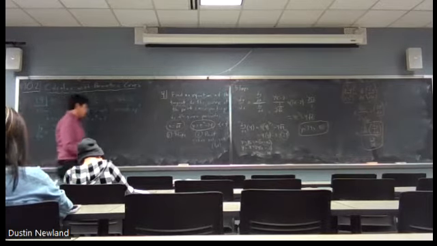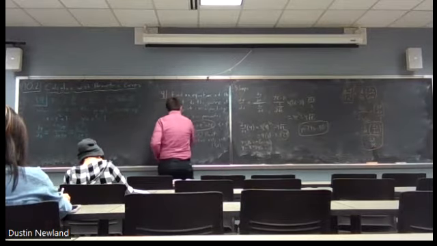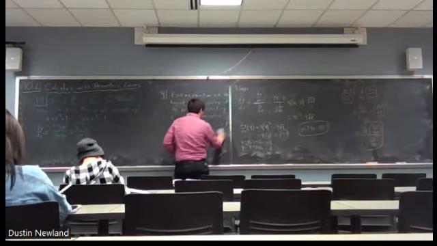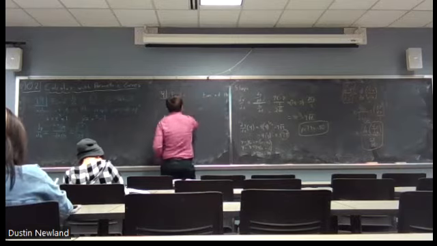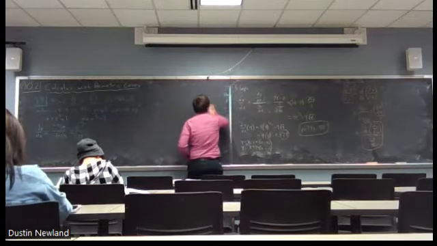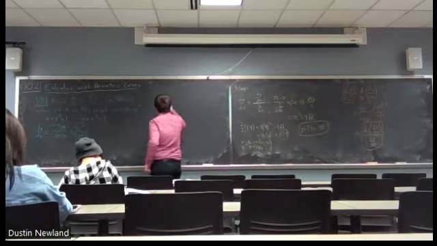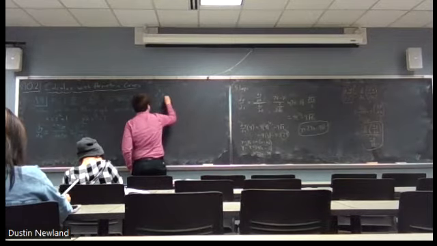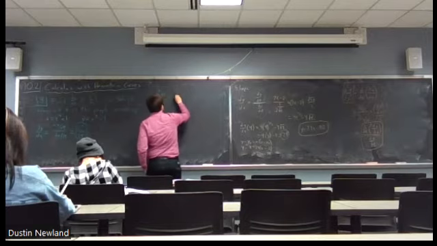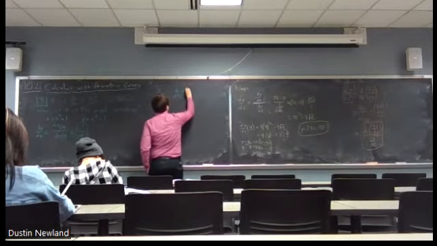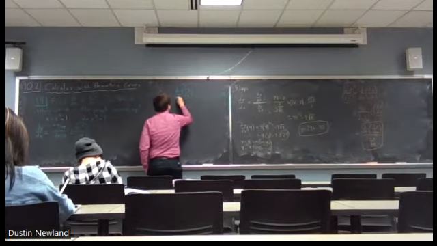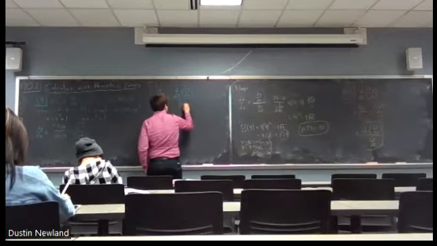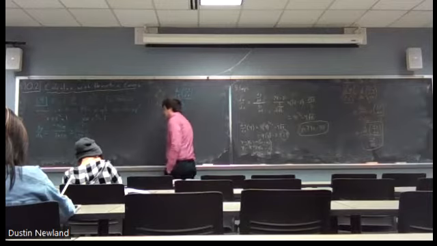Okay. Now let's find the second derivative. It's going to be the derivative with respect to t of dy over dx, and we're going to divide this by dx over dt.